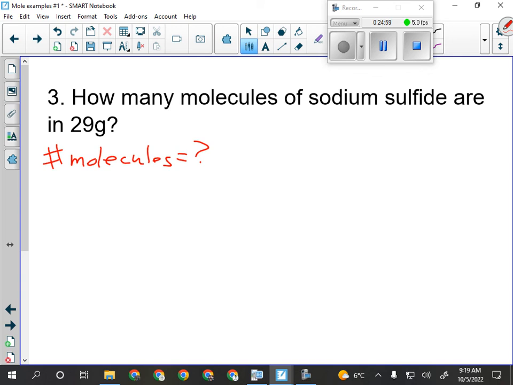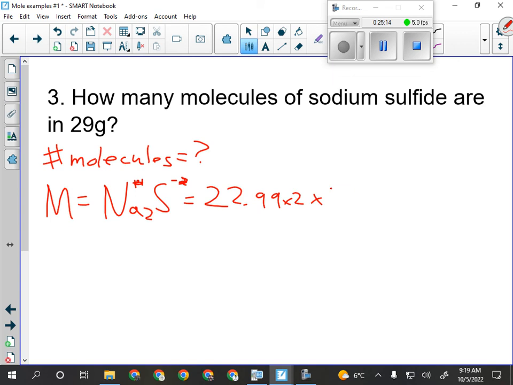So we know that it is sodium sulfide, which will help me to get the molar mass. Sodium is a +1, sulfide is a -2, so we'll be looking at Na2S, which would be 22.99 times 2 plus 32.07.